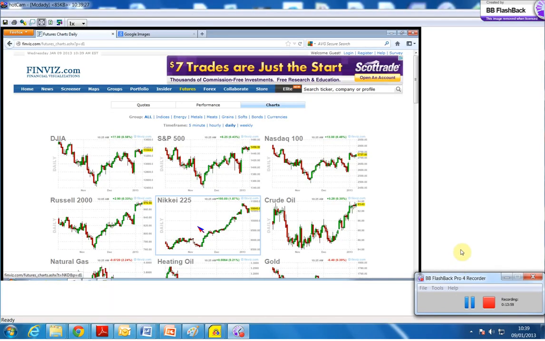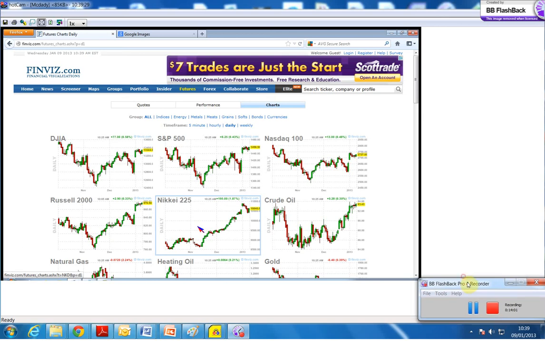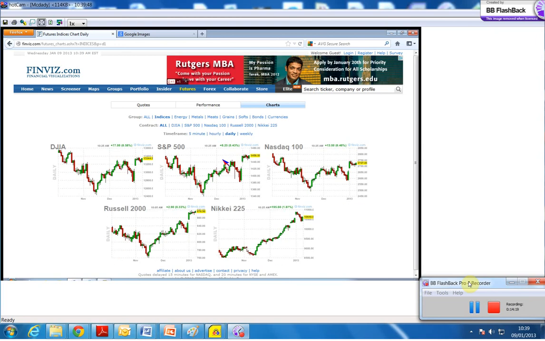We do have right now some very good trends lining up in the futures markets. For example, let's take a look at the indices. This is the S&P.